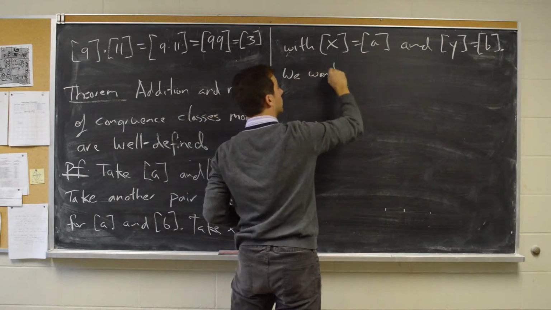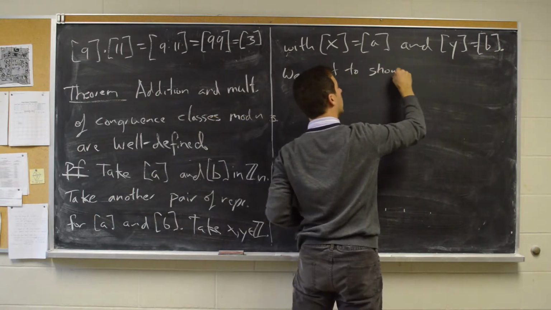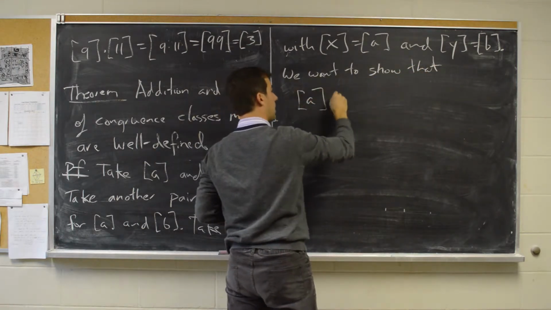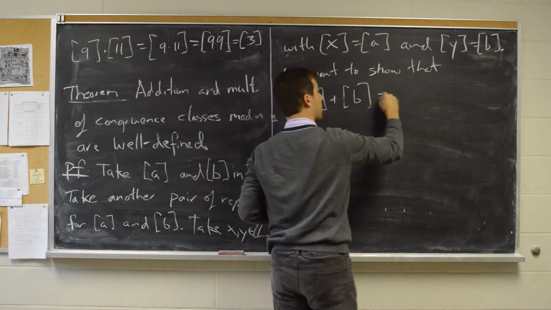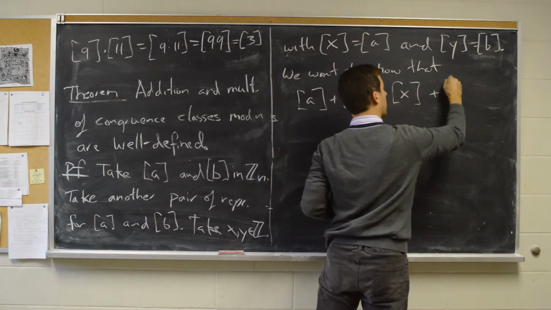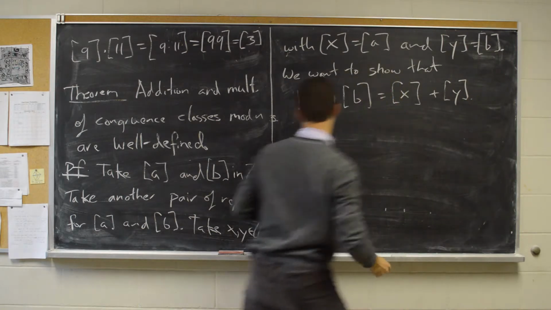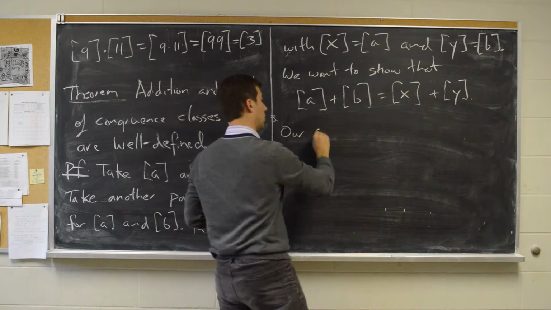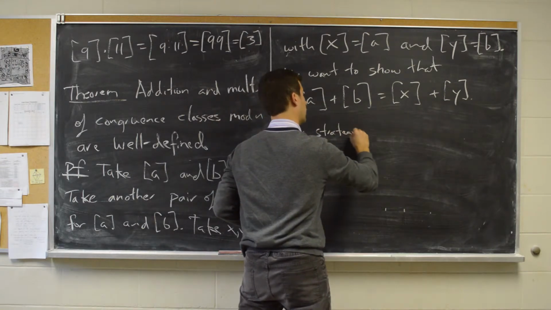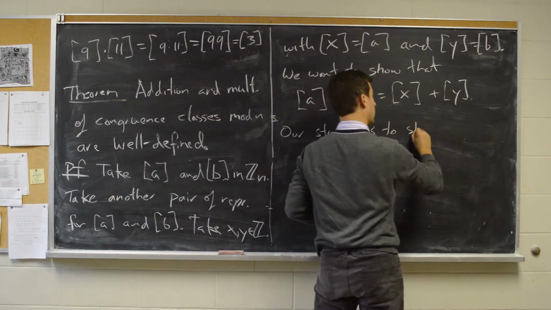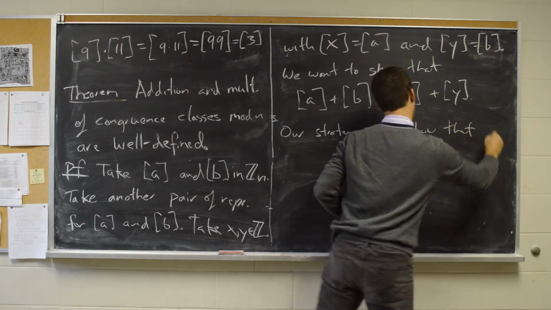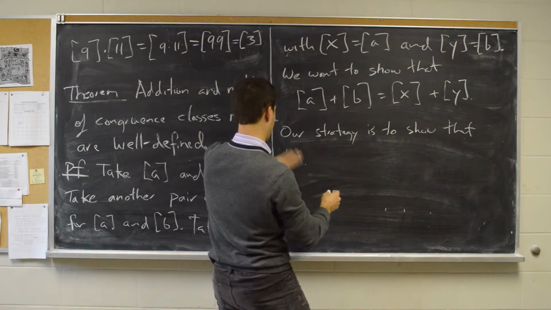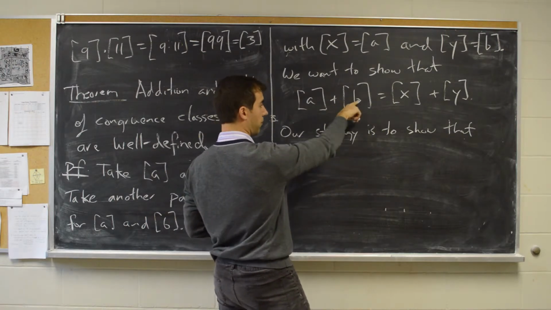We want to show that if we take A and add it to B, this is the same thing as x and adding it to y. Our strategy is to show that, well, how would you figure out what this is?